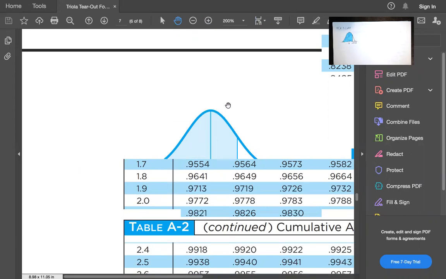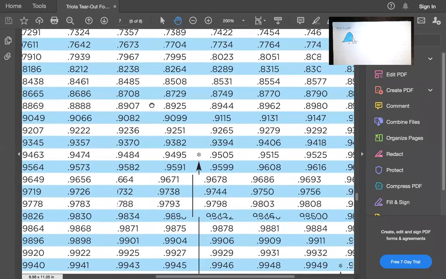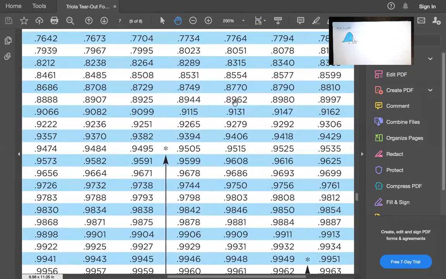This is the area to the left of z equals 1.21. That's 1.22, 1.23, 1.24, 1.25, 1.26, 1.27. So here we are. The area to the left of z equals 1.27, according to table A2, is 0.8980.